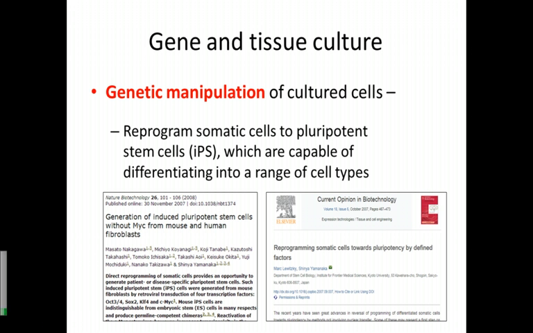More importantly, we will be using genetic engineering as a tool to manipulate cultured cells. For example, I have given 2 samples here. These are very new technologies in which they can reprogram somatic cells to become induced pluripotent stem cells. What are induced pluripotent stem cells?